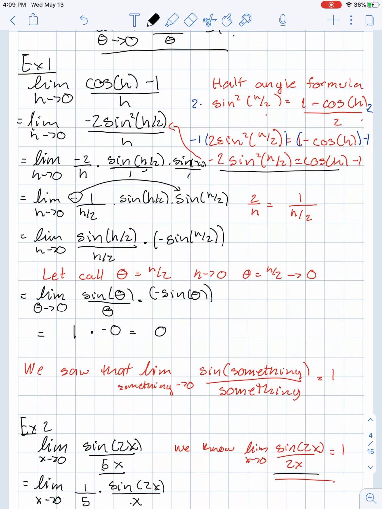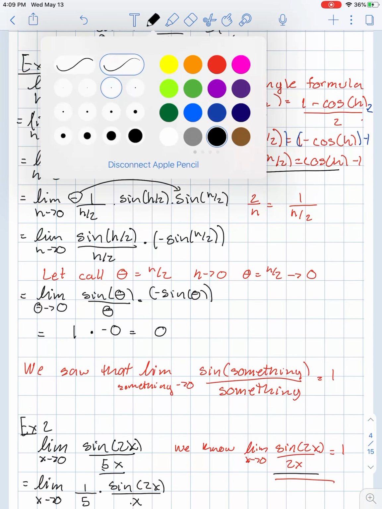So when I separate these into 3 different fractions, I can only put an h in one of them, so I put it with the 2, and then sine of h over 2 times sine of h over 2, because it was squared.